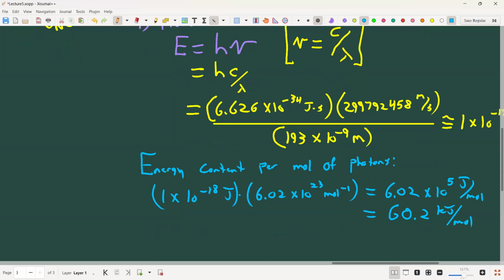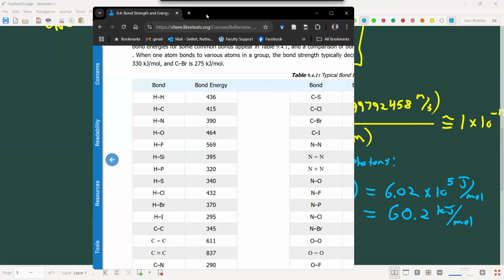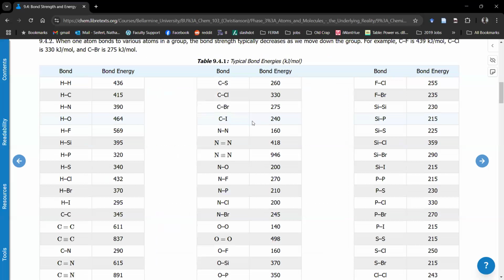For instance, bond strengths tend to be on the order of about 400 kilojoules per mole. Let's just roughly look at typical bond strengths. So here's just an example from LibreTexts of typical bond energies. Bond energy for H-H is 436, carbon-chlorine is 330, a carbon-carbon single bond is 345.